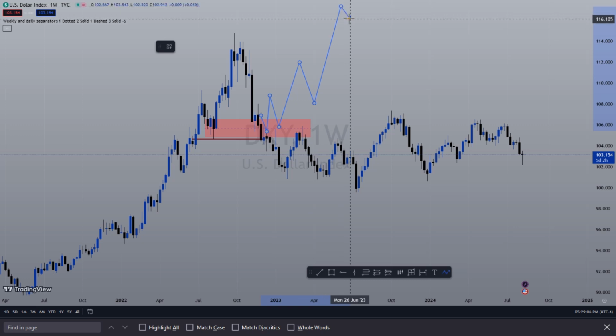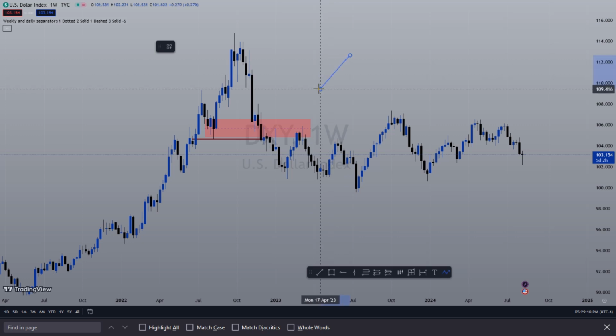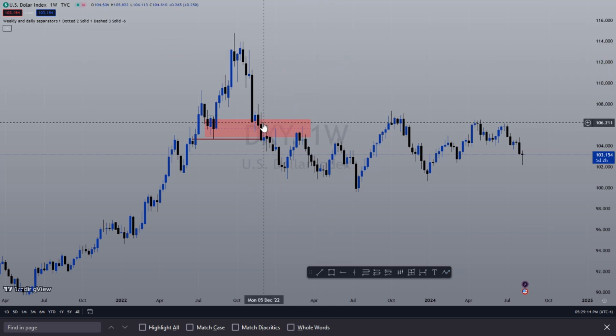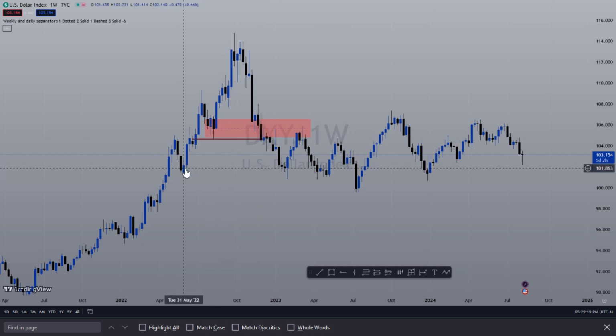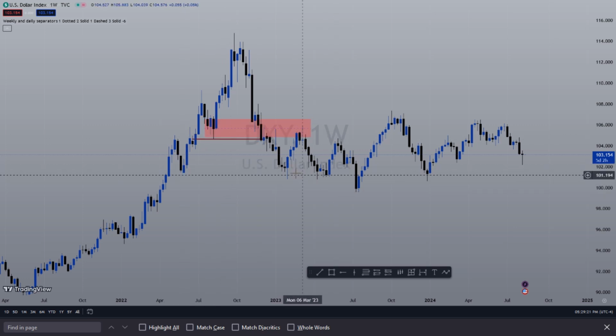But we had a reversal on the dollar, which showed us that the dollar is weak, and that weakness was why we broke this level here. We broke this one as well, and then we came right here where we formed relative equal lows.